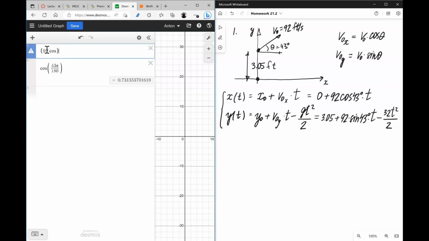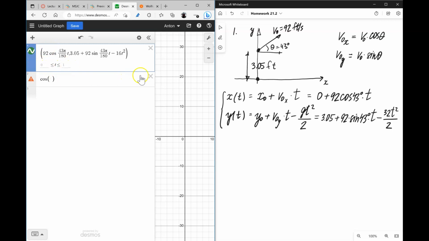This is how we convert it to radians. And this is times t, comma, 3.05 plus 92 sine of 43 pi over 180 times t minus 16t squared.